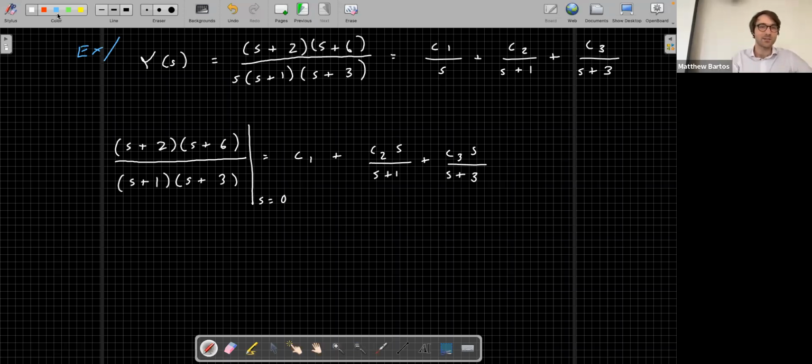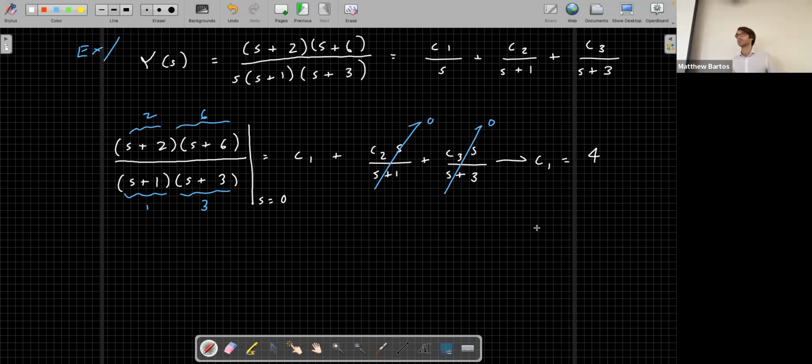And we will get, this here will become 2, this here will become 6, this here will become 1, this here will become 3, this here will become 0, and this here will become 0. And if you multiply all of these out, you will get that C1 is equal to 4.